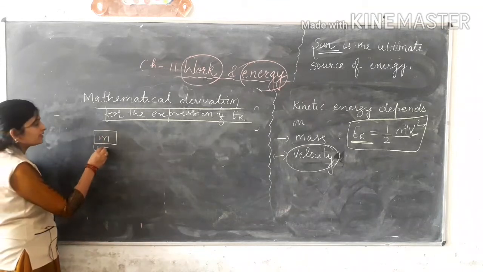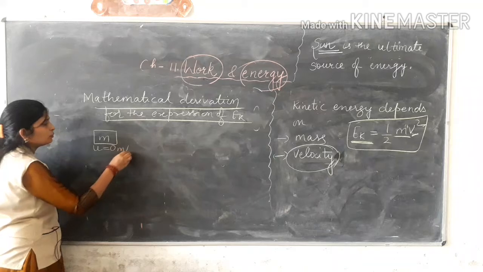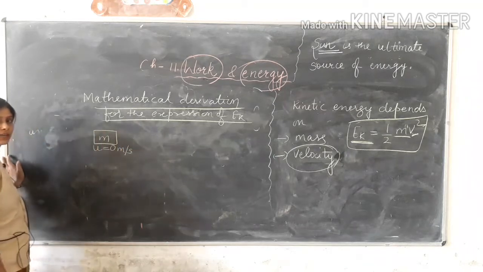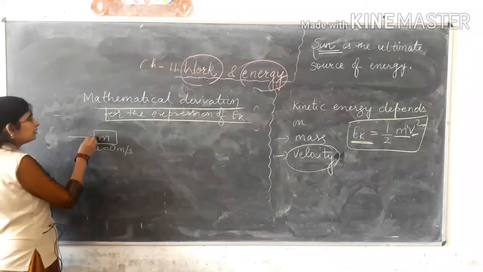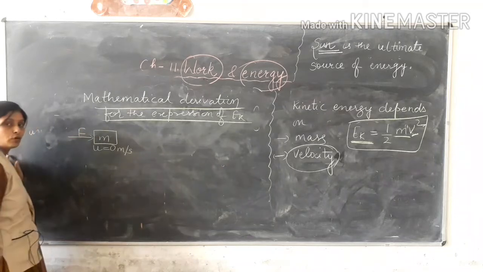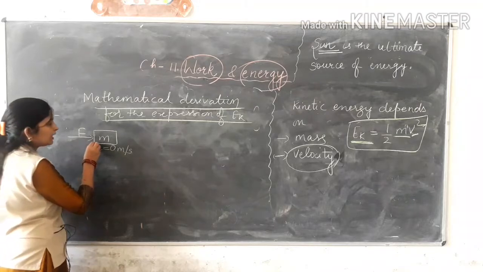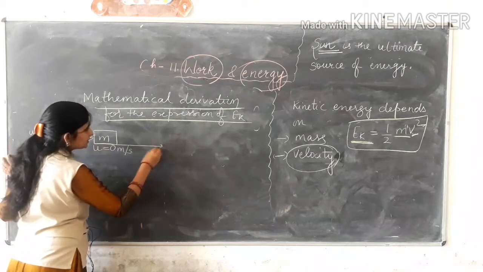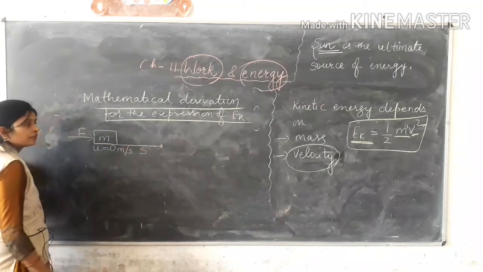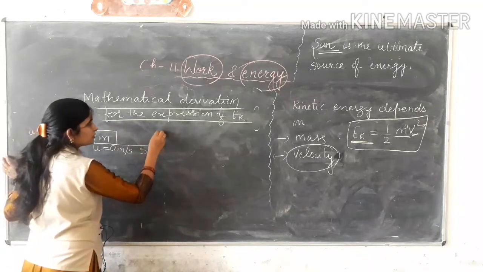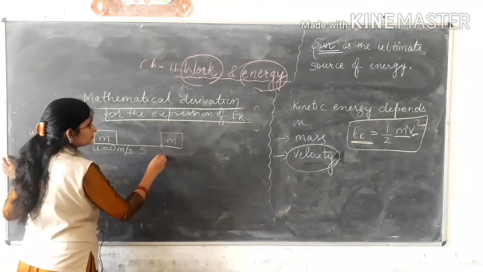Now this object is at rest, so its initial velocity u is equal to 0 meter per second. Then a force, denoted with F, is applied on the object. Due to that force, the object covers a displacement s and attains a final velocity v.